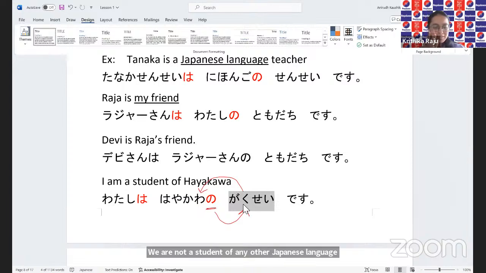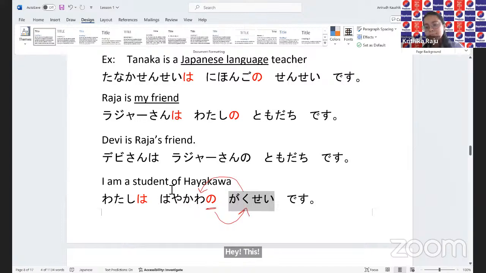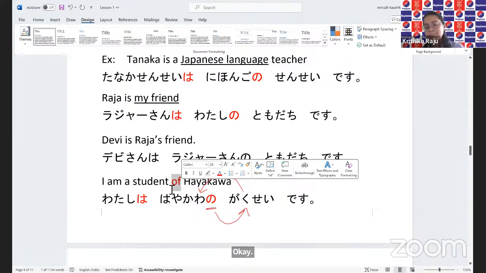You're not saying you're a student of math or of science. Specifically, you're a student of Hayakawa. So, Watashi wa Hayakawa no gakusei desu. That way, in English, where you have a student of.